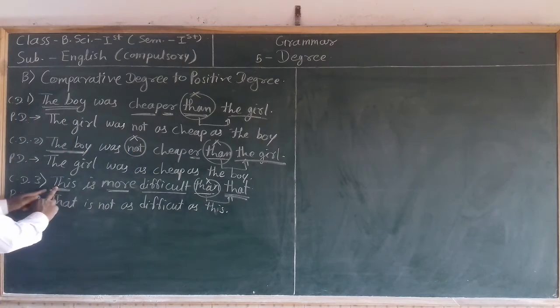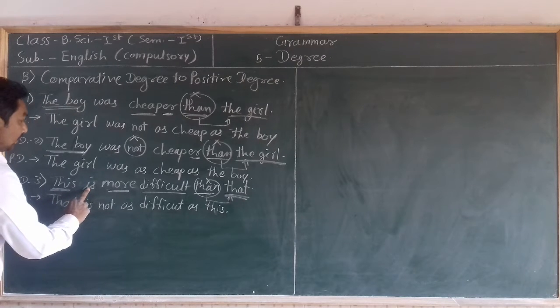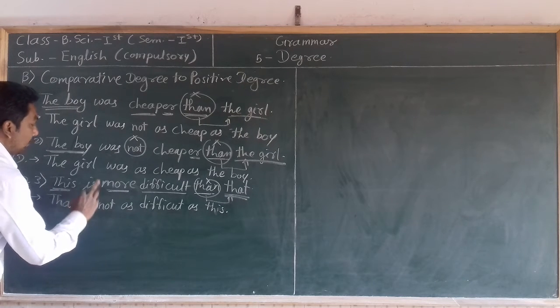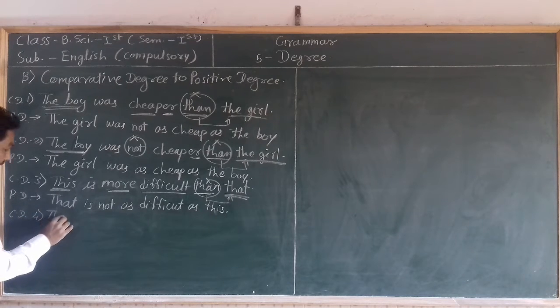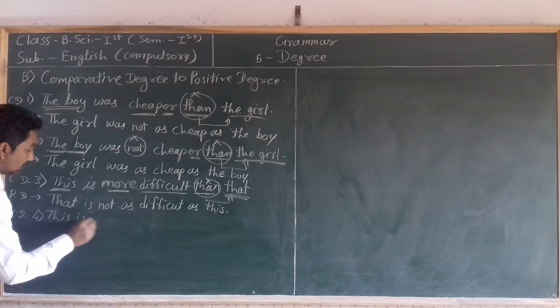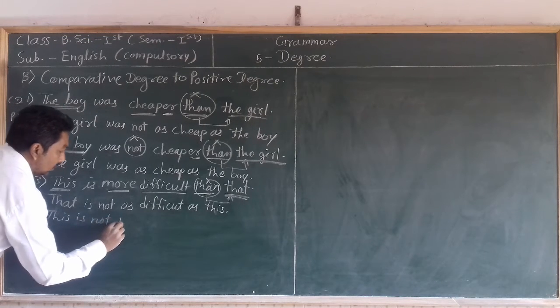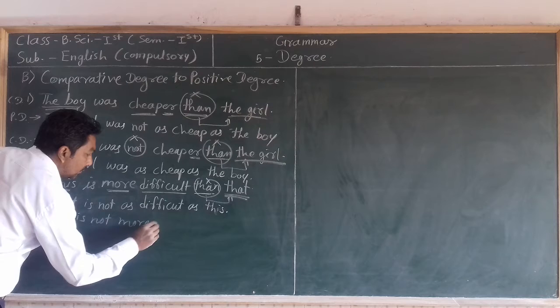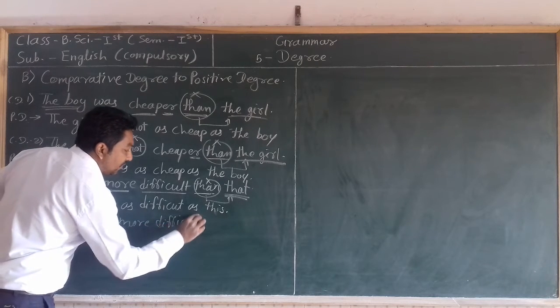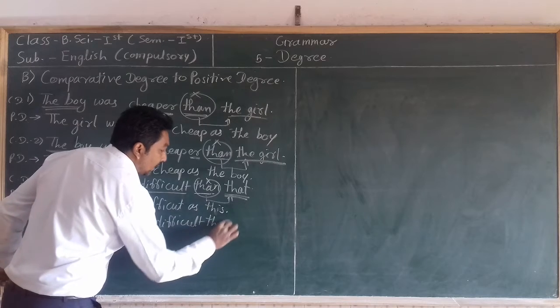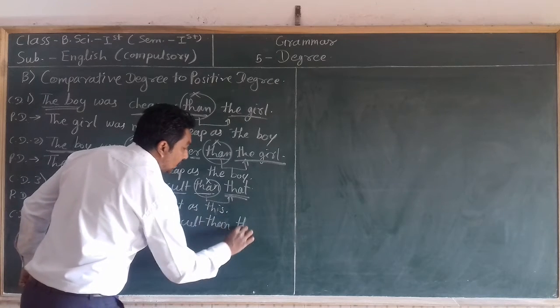But suppose in this sentence there is given not after the helping verb. How can we transform this sentence into positive degree? Let's take an example. This is not more difficult than that.